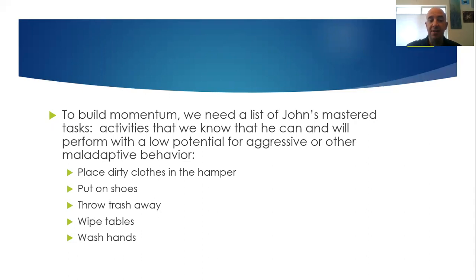So what you want to have is a list of tasks, and they might be really short ones. These can be a little bit longer. Putting clothes away could be really easy and quick. Putting on shoes might take a couple of minutes. Washing hands might take a minute. But you don't want them to be too long of tasks. You're not going to have them do a full routine of something.